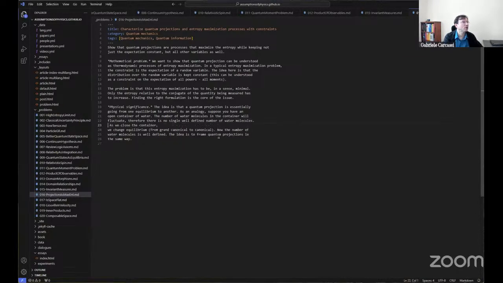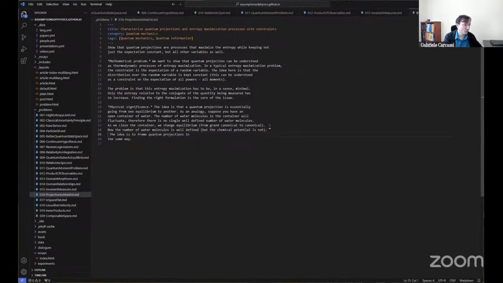As we close the container, we change the equilibrium from grand canonical to canonical. Now the number of water molecules is well defined, but the chemical potential is not.